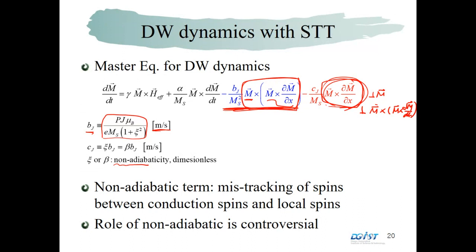And the magnitude of C_j, we believe, is proportional to the adiabatic spin torque, and we define some proportional coefficient beta. This term is usually very small, but sometimes it can be not that small. In that case, the non-adiabatic torque plays a very important role.